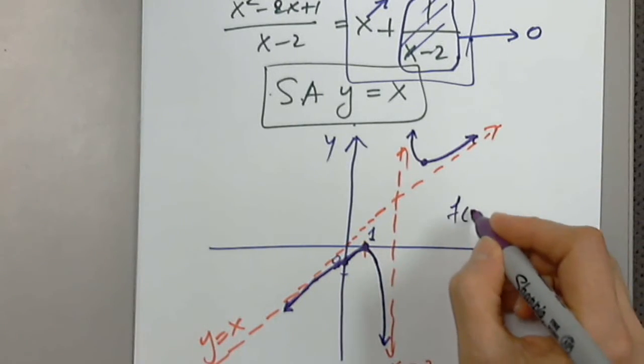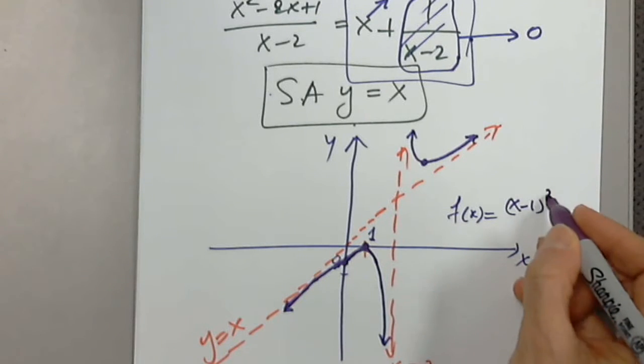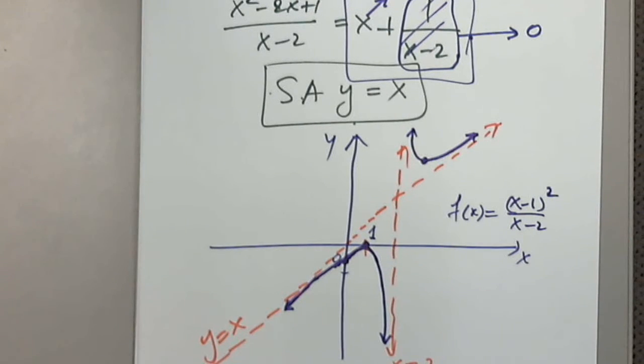And this is the function type 3, x minus 1 squared over x minus 2. Any questions?